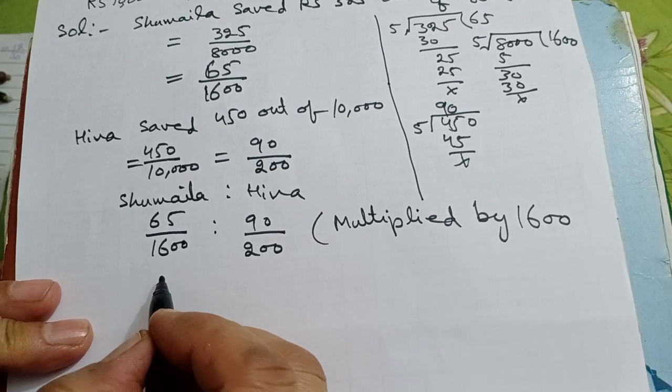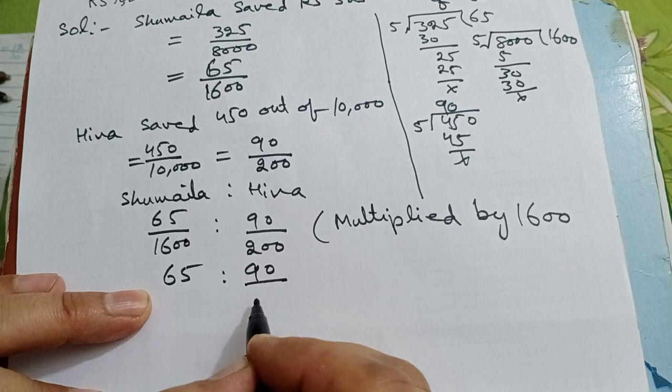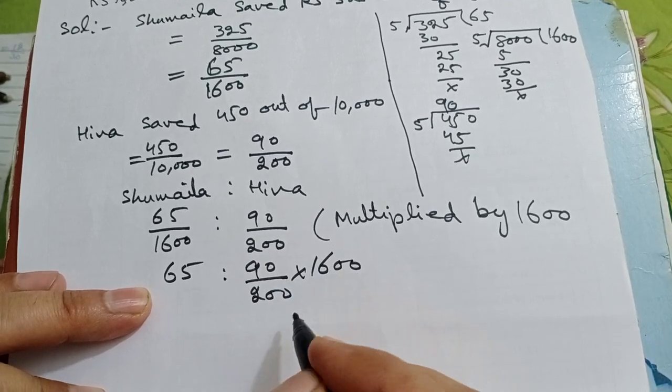We have 65 ratio 90 divided by 200 multiplied by 1600.